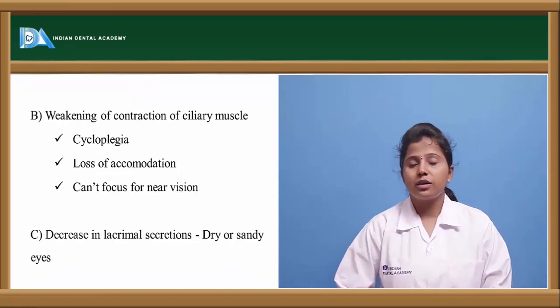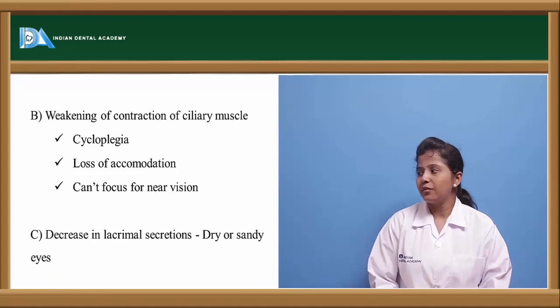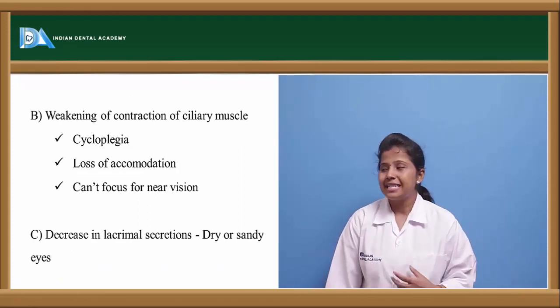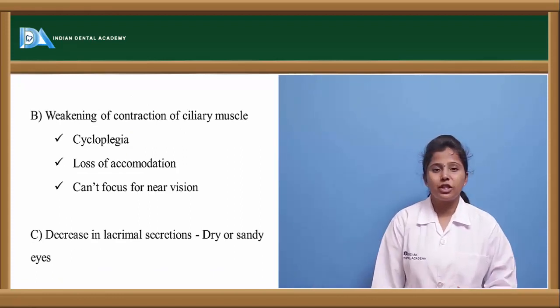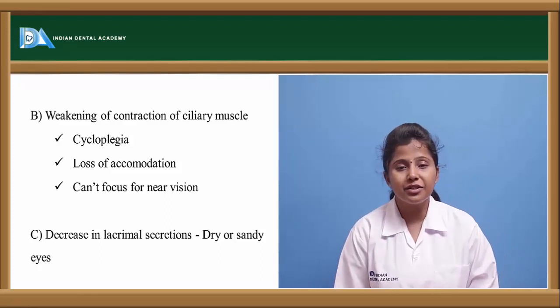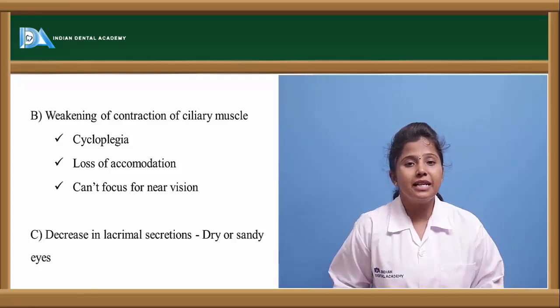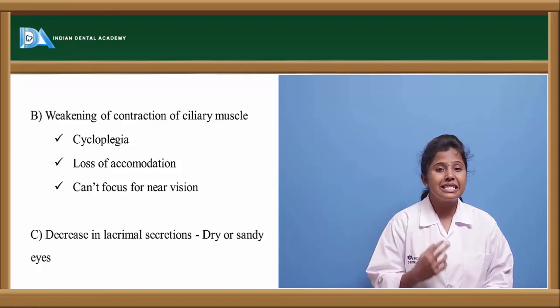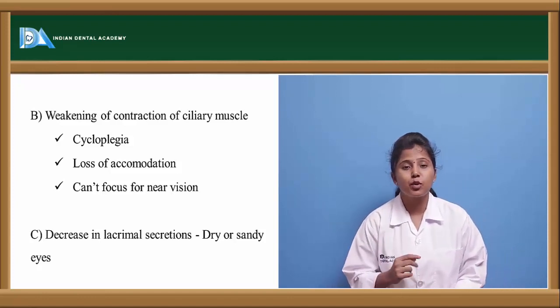The other effect on the eye is weakening of contraction of the ciliary muscles, called cycloplegia. Cycloplegia is a condition where there is paralysis of the ciliary muscles. These ciliary muscles in the eye aid in proper vision.